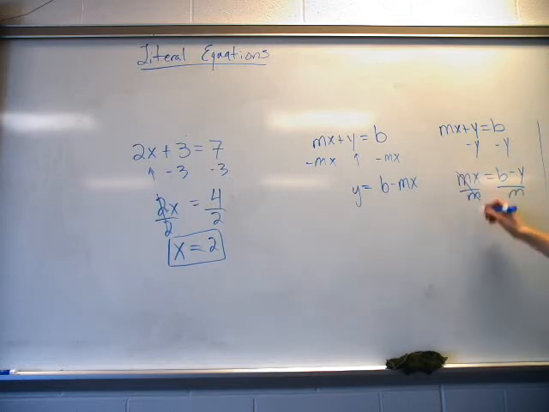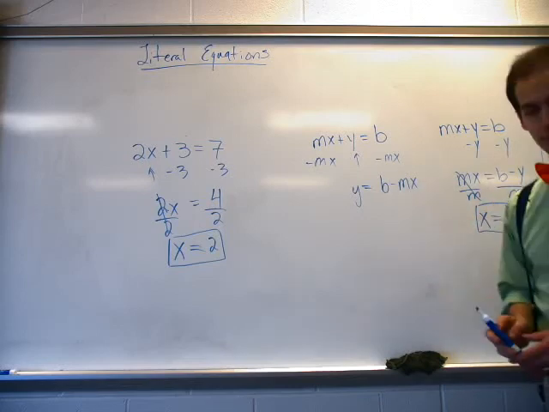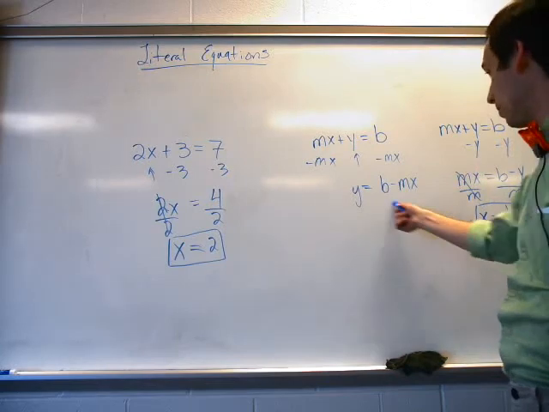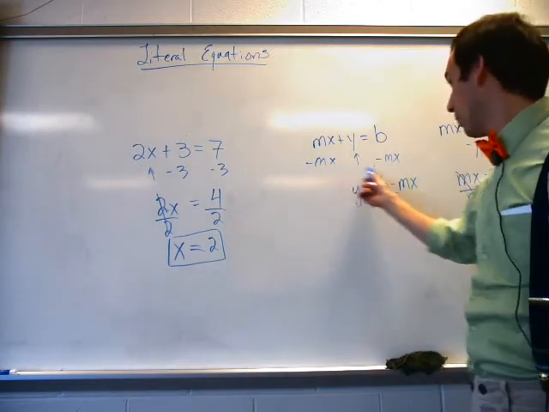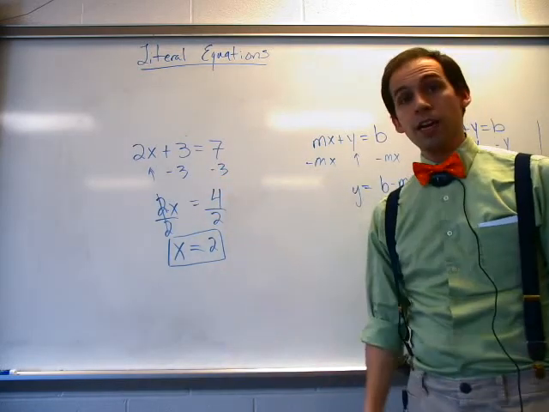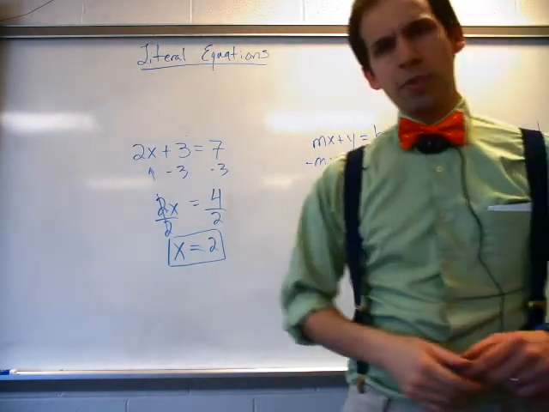And you'd get here, m divided by m is 1, which is 1 times x is x, and b minus y divided by m. And it doesn't get any simpler than that. Unfortunately, it doesn't look simple. Sorry about the bell. Doesn't look simple, but in each case, we've simplified it as best we can and isolated the variable that we were looking for. I'm going to show you some more examples, and I'll do it on paper. All right.